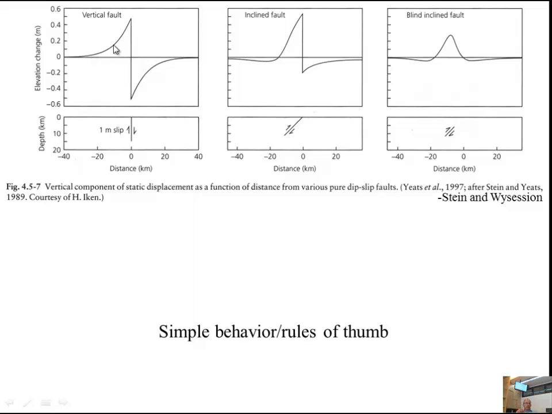So that's what I mean by this rule of thumb. It's just a basic idea or intuition that the depth of the source scales with the wavelength of the deformation. So then you can have this inclined case.